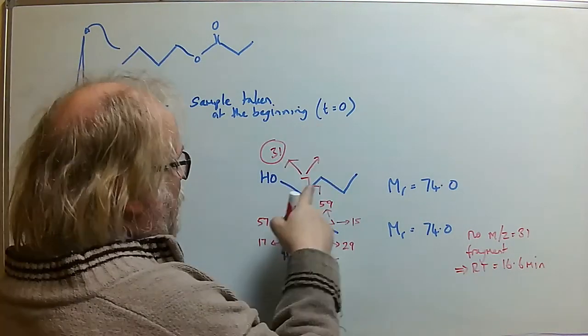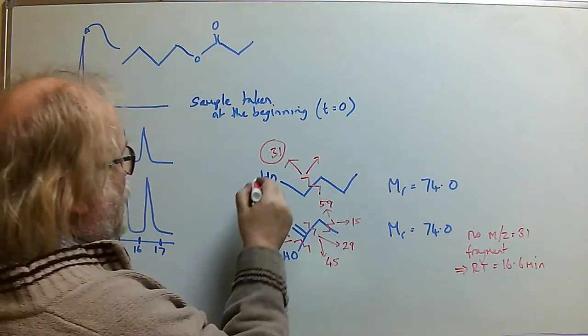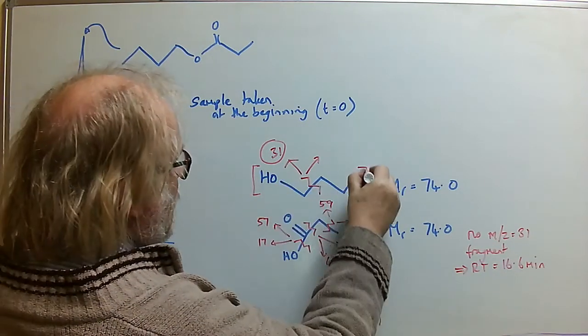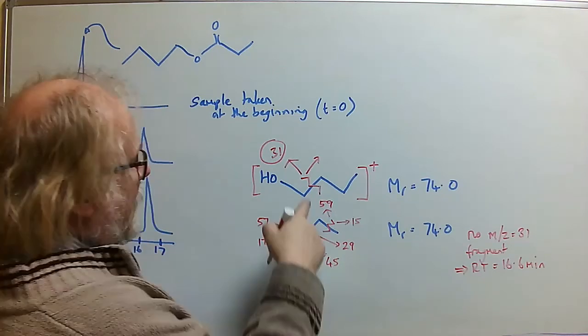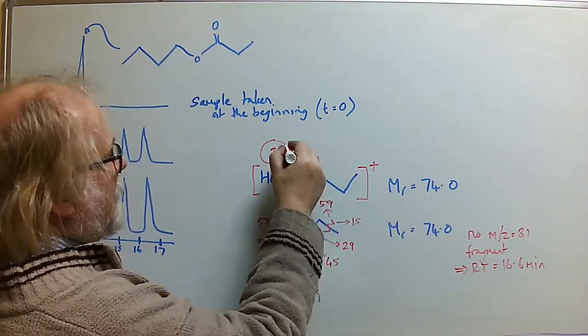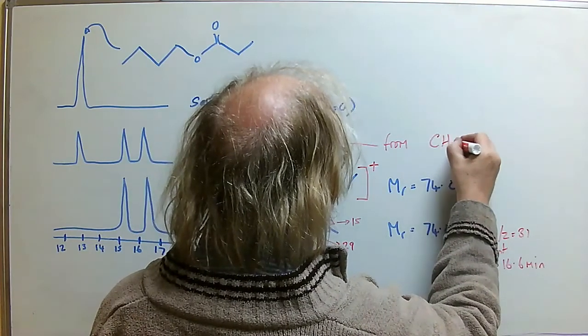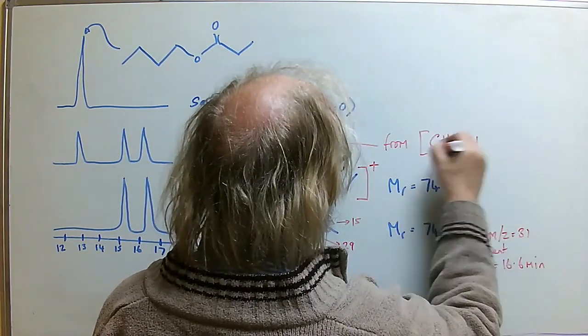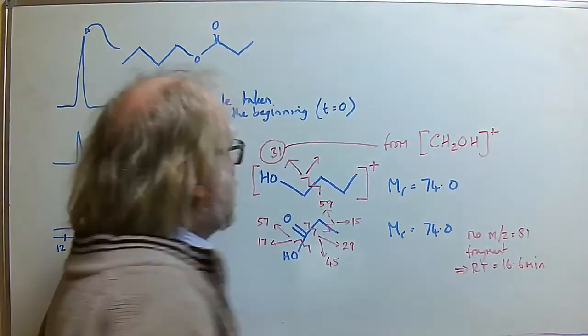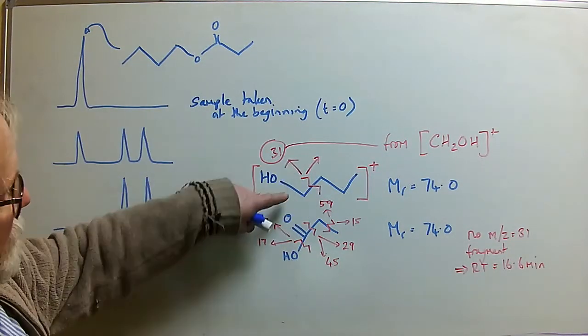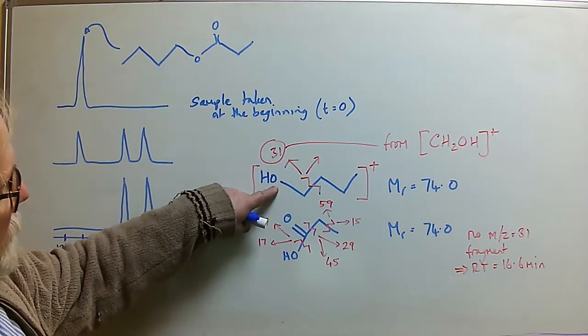So if you generated a molecular ion from butan-1-ol, it could break at this position and give you a fragment which would be CH2OH plus. Okay, just by breaking it at that position, CH2OH would break off.